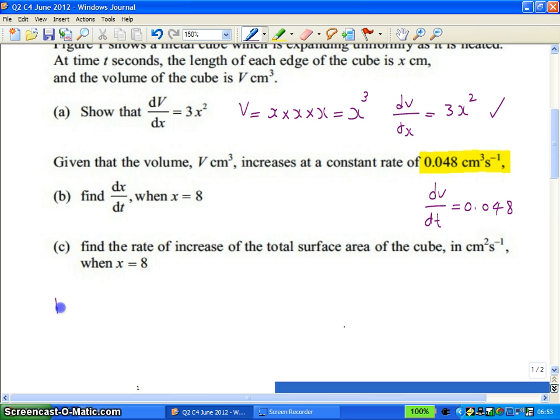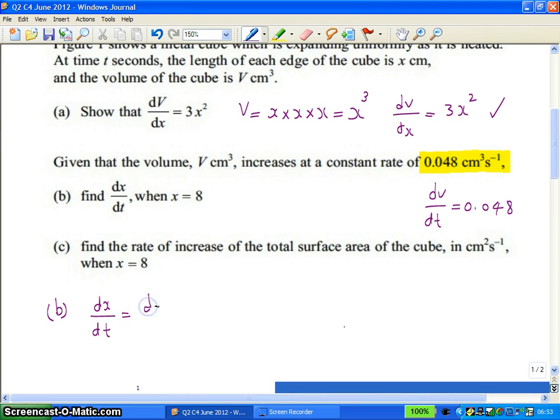Part B is asking us to work out dx/dt. In order to do that, we can use an intermediate variable to aid us. That intermediate variable in this case has to be volume, since we've been given some information regarding volume.